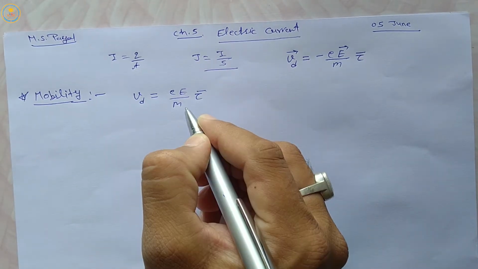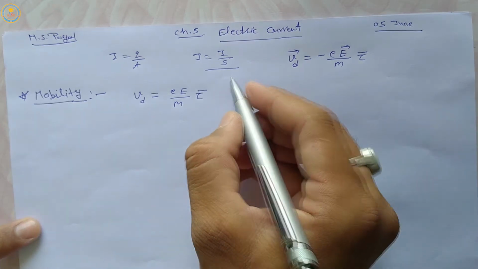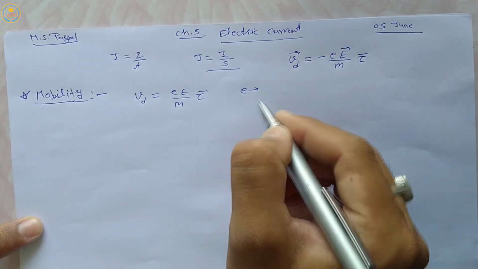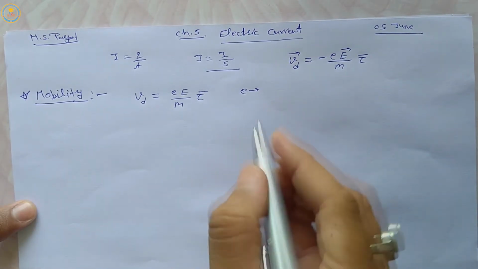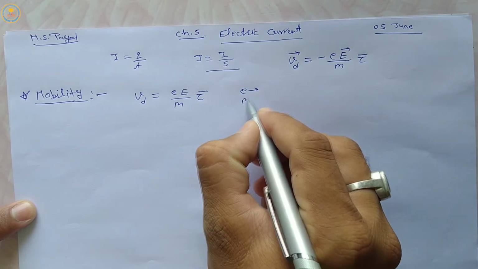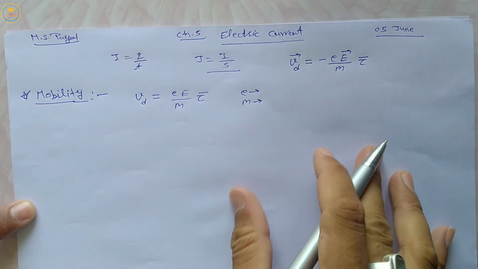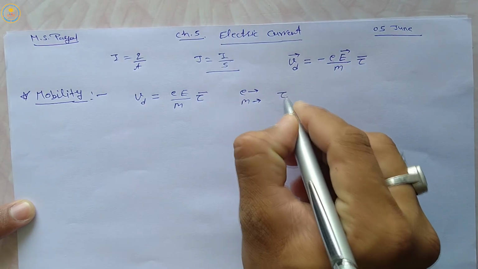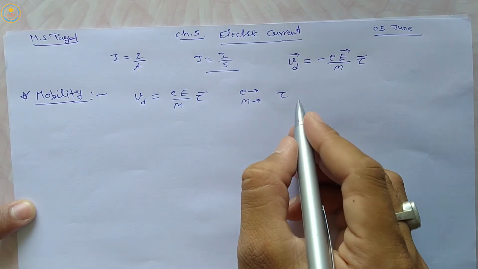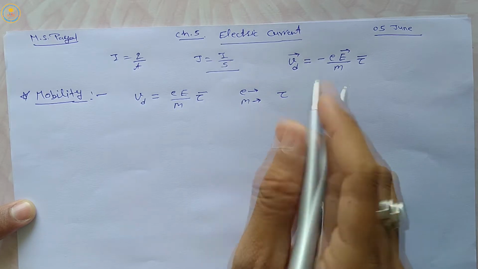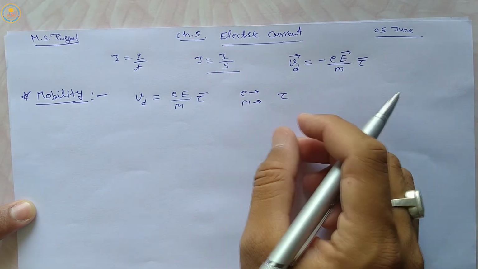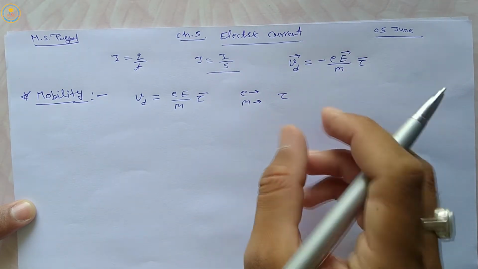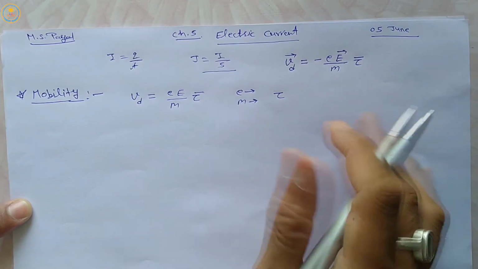In this equation, e, the charge of electron, is constant, m, the mass of electron, is also constant, and tau bar, the mean relaxation time, is also constant for a specific metallic conductor.